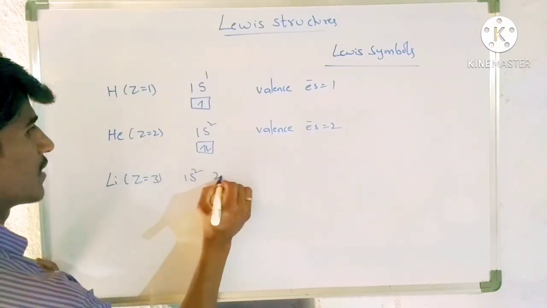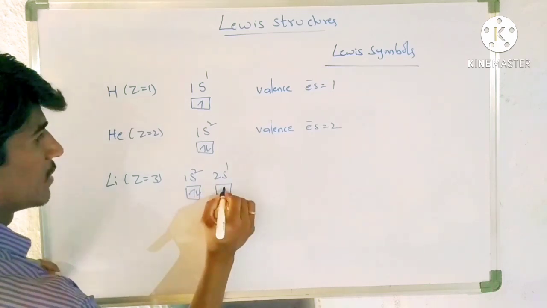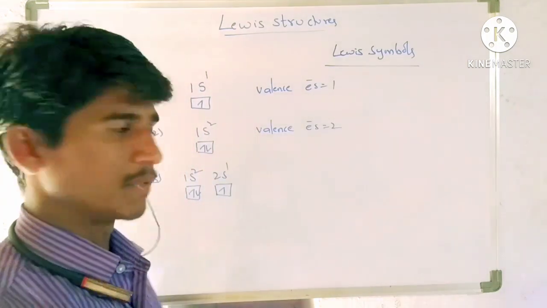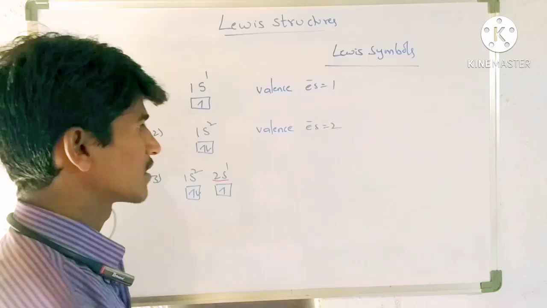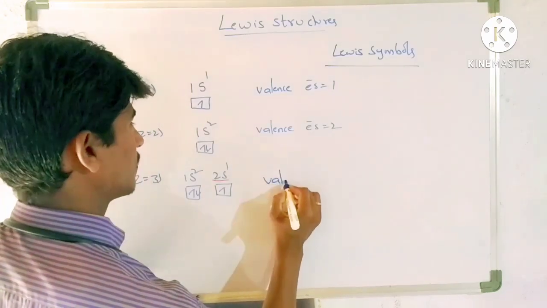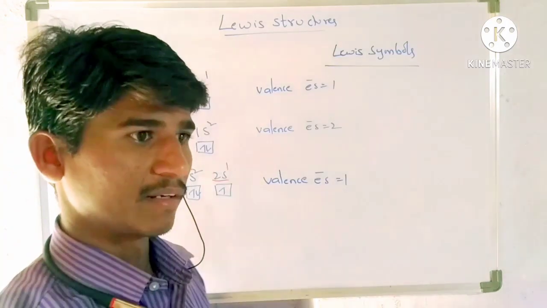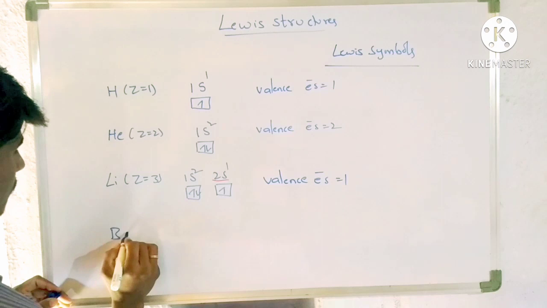Electronic configuration 1s2, 2s1. What is the valence orbit? The second orbit is the valence orbit. Now how many valence electrons are there? Valence electrons is equal to 1.